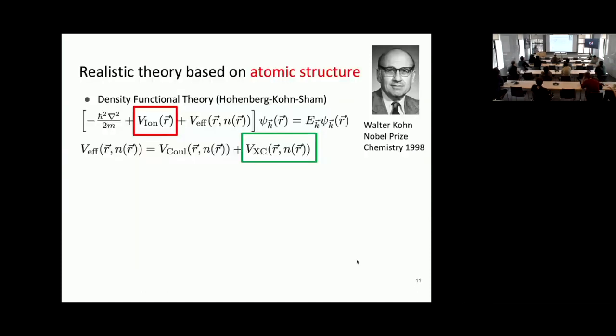Now, the calculations that we try to do to understand and explore these types of situations are based on a realistic representation of the electronic degrees of freedom. And this is all done within the context of density functional theory, the so-called Hohenberg-Kohn-Sham approach. This is a picture of Walter Kohn, one of the developers of this theory, who was also acknowledged with a Nobel Prize for his contribution. So you end up solving these equations for the single particle states.